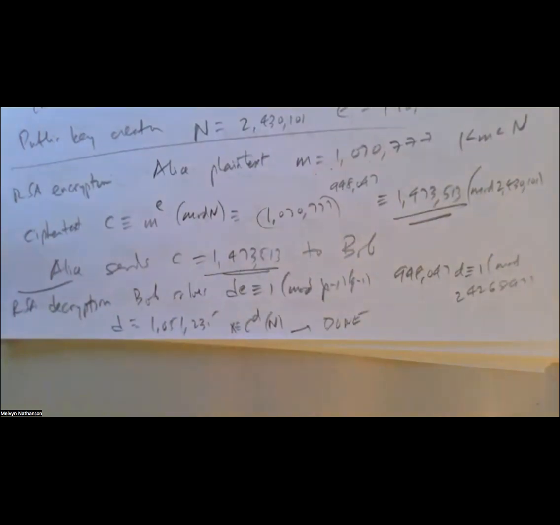But the reason this can be decrypted is Bob knows P minus 1 and Q minus 1, and so he knows their product. The reason Eve cannot break this code is she doesn't know P and Q. She just knows their product, and she cannot figure out, and her computers cannot figure out how to factor the number. Now, in this case, these numbers are pretty small, and they can be factored.